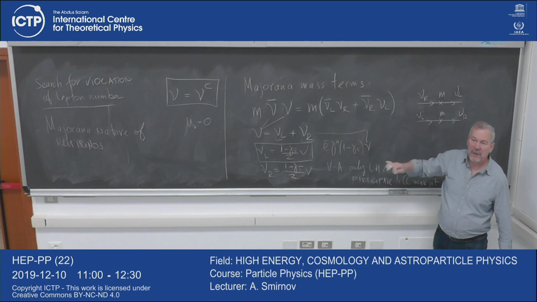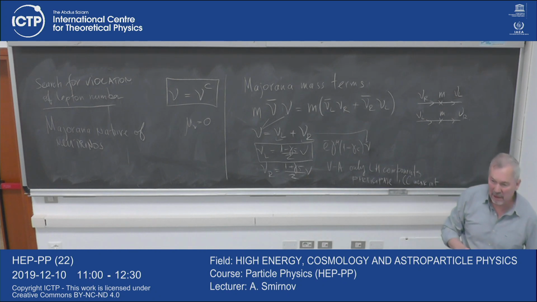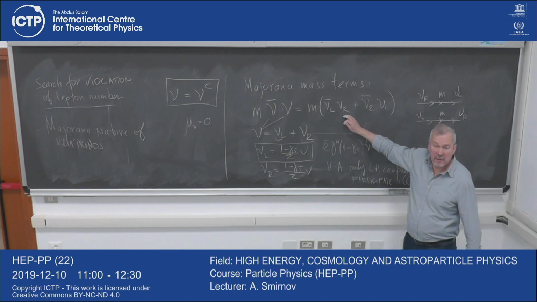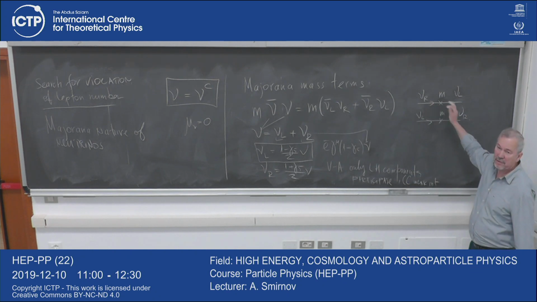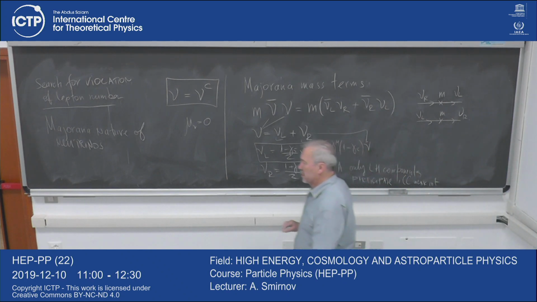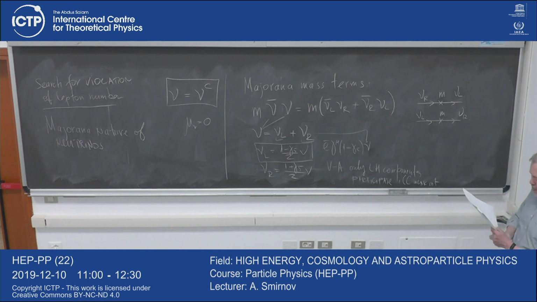Actually, in the standard model they do not participate in neutral current interactions either. However, they still can appear in the mass terms. The mass term is always constructed as this transition between left and right. So this mass is actually connecting these two chiral components.